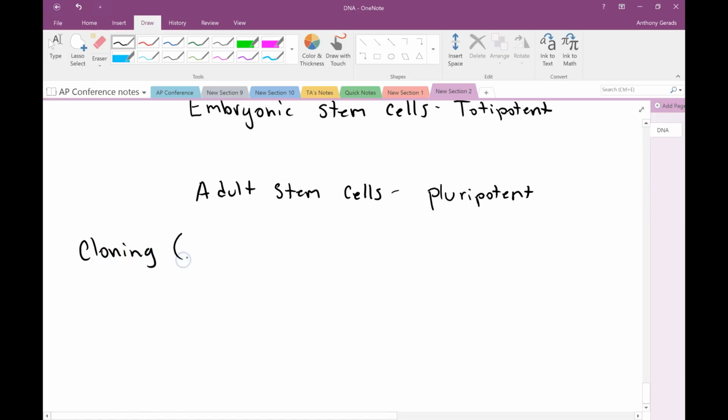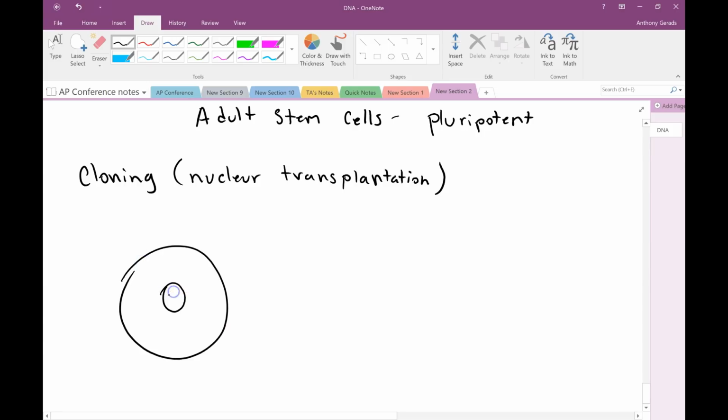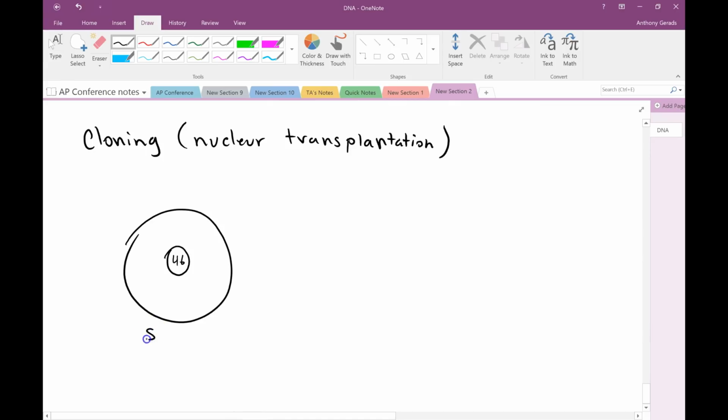Or what's known as nuclear transplantation. What it does is I'm going to start with a cell right here that has 46 chromosomes. If I were doing this with a human, a somatic cell.